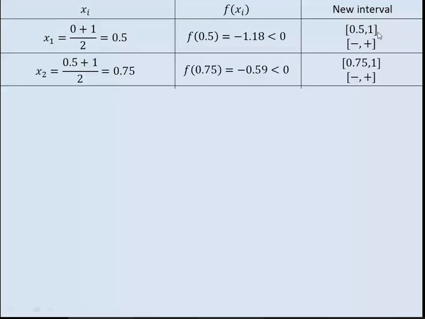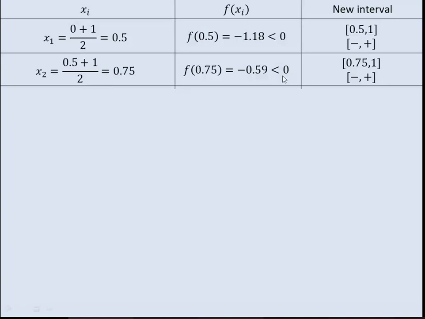Take half of that. Half of 0.5 and 1, the interval, is 0.75. The value of the function at 0.75 is minus 0.59. This is negative. And if it is negative, then what to do?